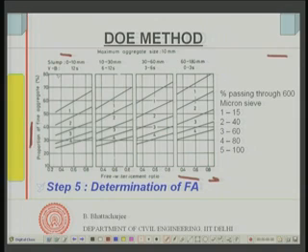Corresponding VB times are also given, 6 to 12 seconds, 3 to 6 and 0 to 3 seconds, etcetera. This increases, this of course will decrease, as we have understood earlier. This is for MSA 10 mm. Similar curves are available for MSA 20 and MSA 40, as we shall see later on.